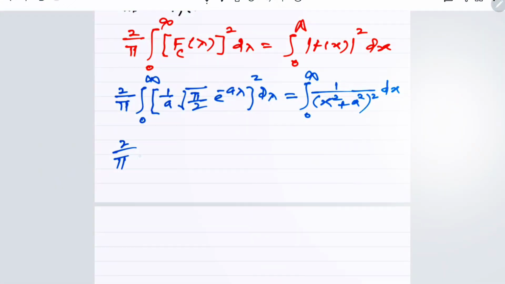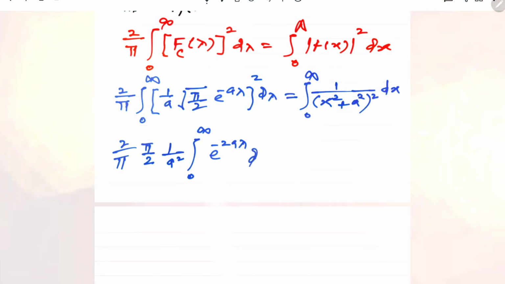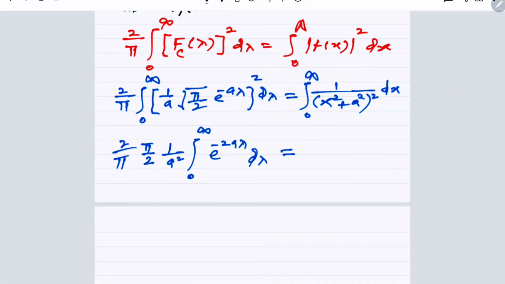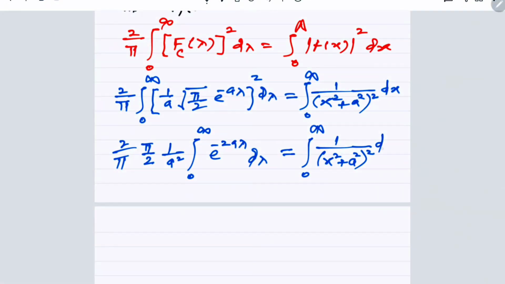Simplifying it, we get 2 by pi, 1 by a we take outside, it becomes 1 by a square, and square root of pi by 2 squared is pi by 2, and the remaining terms are integration from 0 to infinity of e raised to minus 2a lambda with respect to lambda, equals integration from 0 to infinity of 1 upon (x square plus a square) whole square with respect to x.